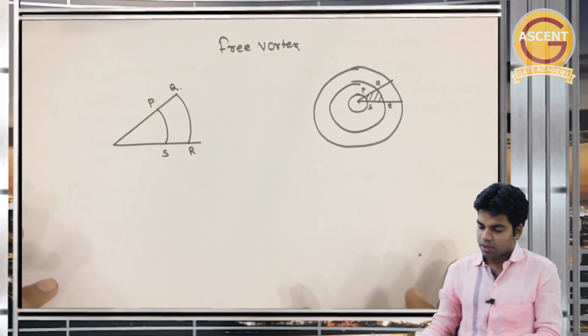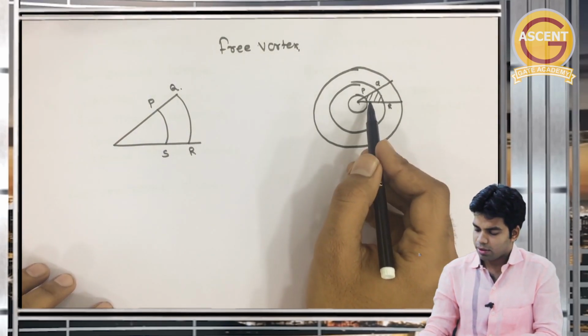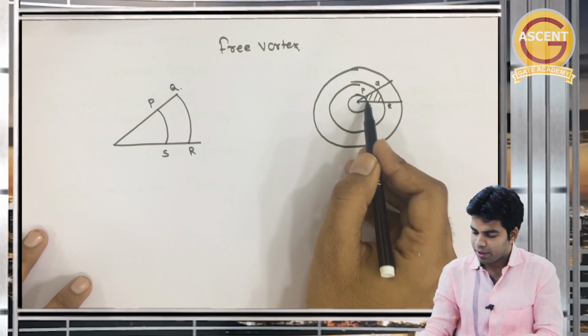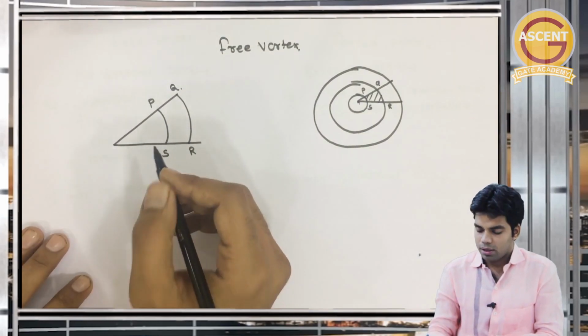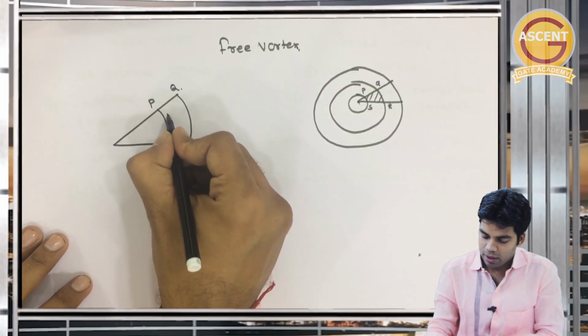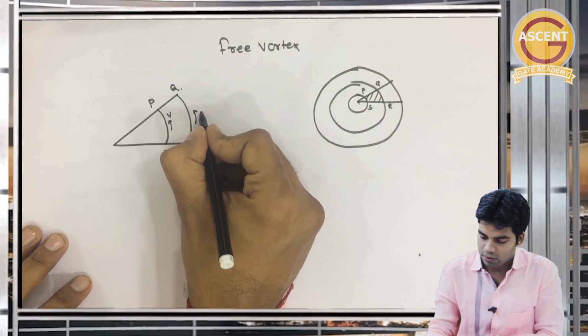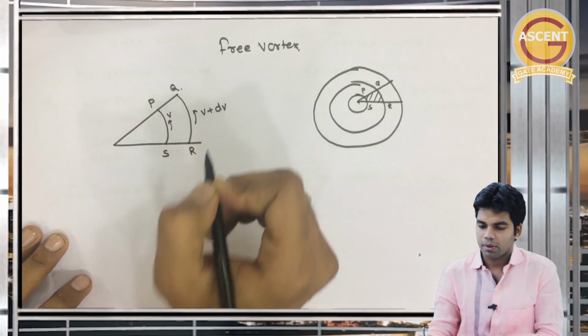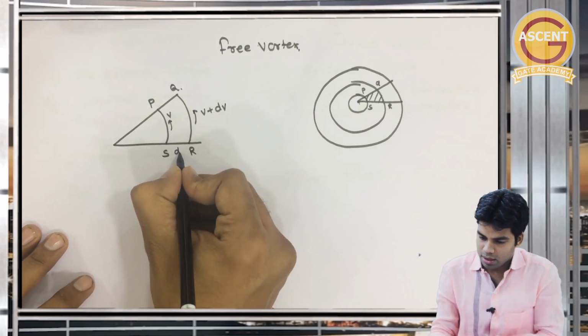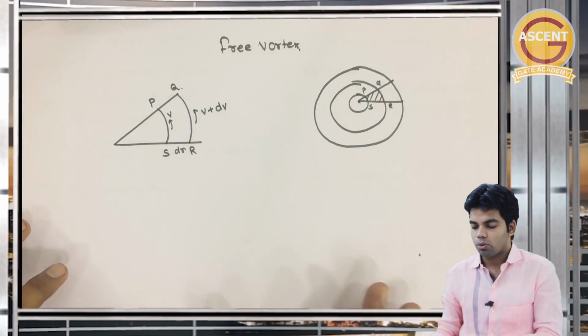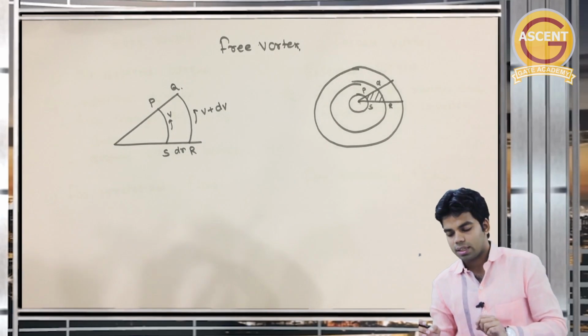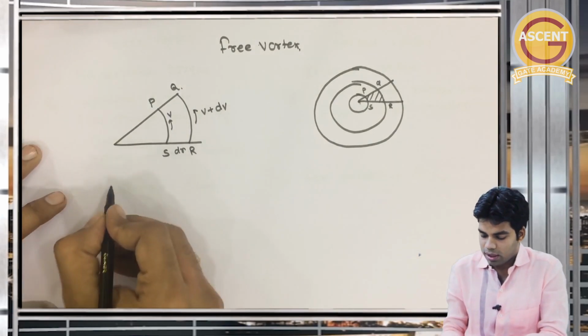If I am taking a small element here, PQRS, the velocity here is V. The velocity is changing, and here the velocity will be V plus dV. Getting this? This distance is dr, and there is no radial direction velocity, as I told you. So radial velocity is 0.